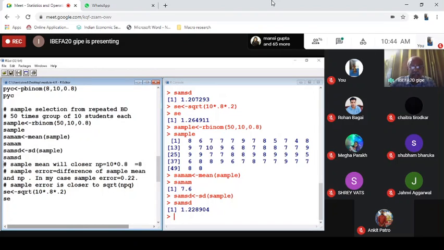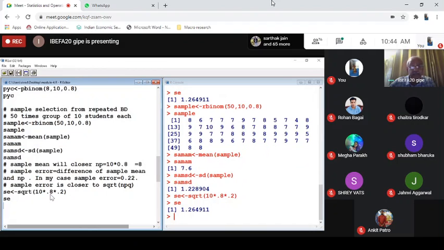The sample standard deviation is 1.22, and the error defined by the formula will be 1.26. So for 50 in my sample, the standard error will be smaller than the standard error defined by the model, and the error of the sample mean will be 0.4. Let me check now. If I increase 50 to 70, what happened?